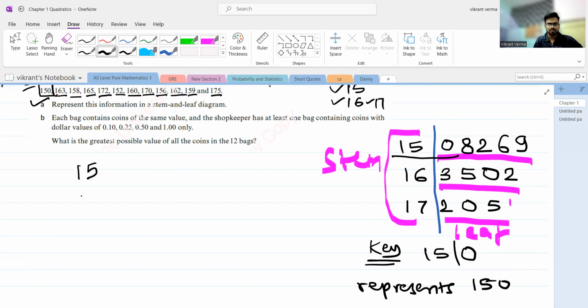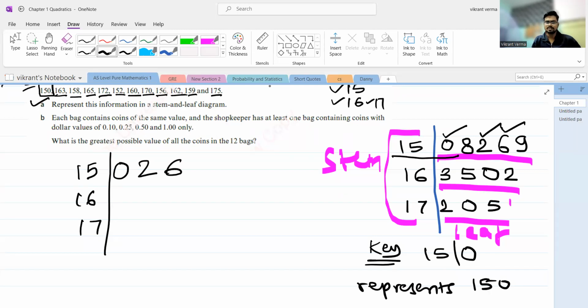The leaf portion can be arranged in increasing order. For example, this 0 will come here, no problem, but the next digit should be 2. That will give a systematic way to see the data, and there will be no confusion, since it is in increasing order.